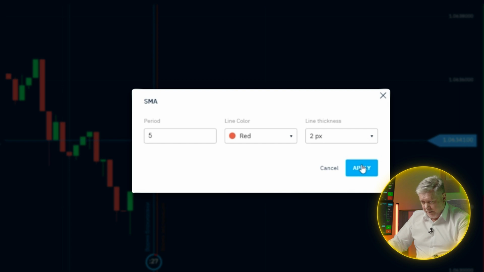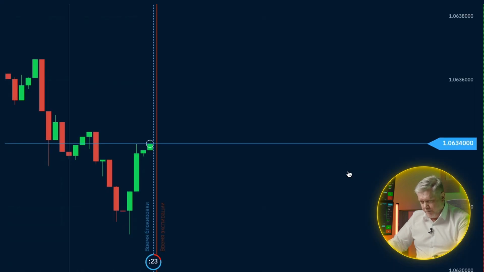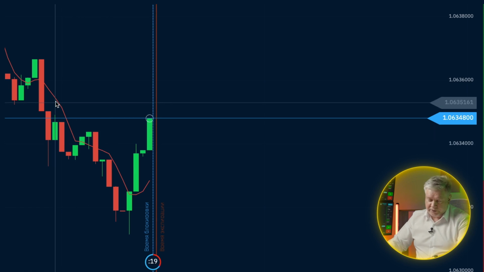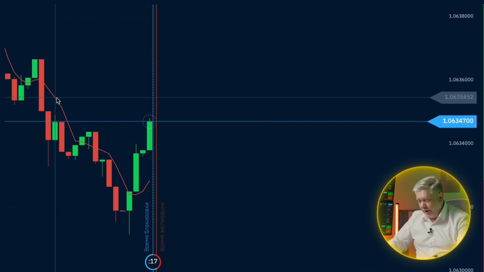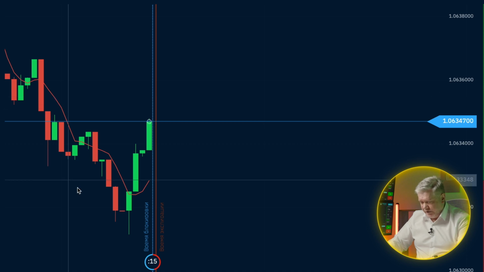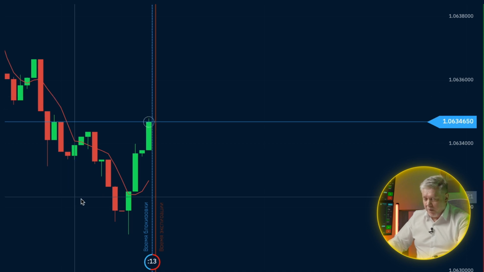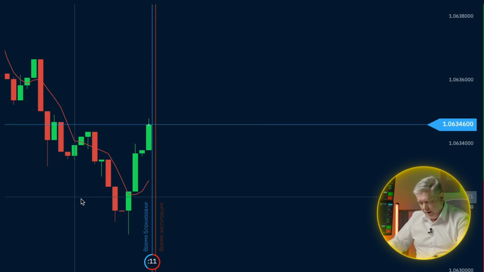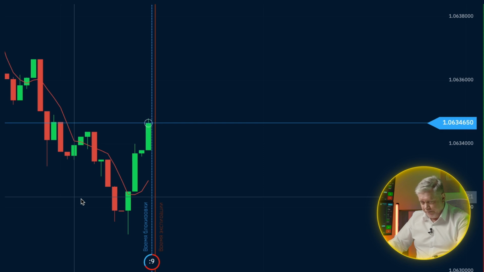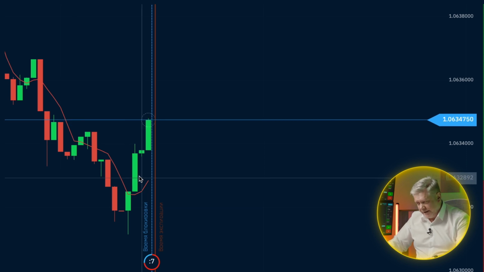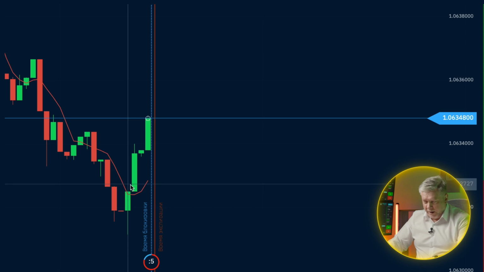Here we have the first moving average with a period of 5, or as professional traders sometimes call it, a 5-day moving average. Please note that the price is above this moving average, which is already a kind of buy signal.